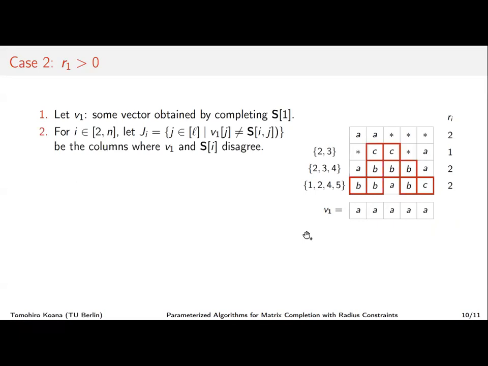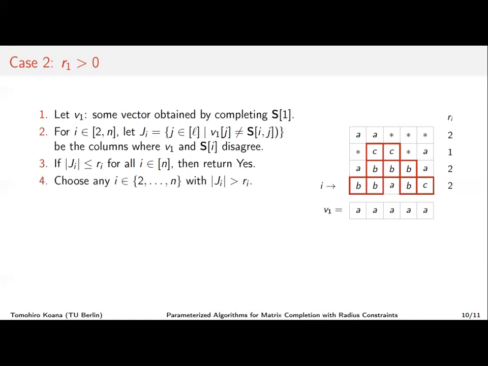And then we compute for each row vector what is the difference from V1. For instance, in the second row, the second column and third column are different from V1. Again, if the number of different positions is at most Ri for each row, then we can just return yes, because V1 is a solution.